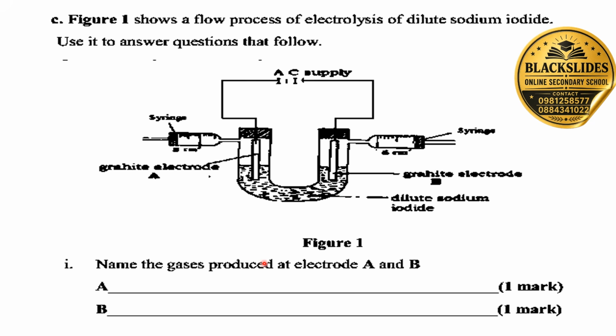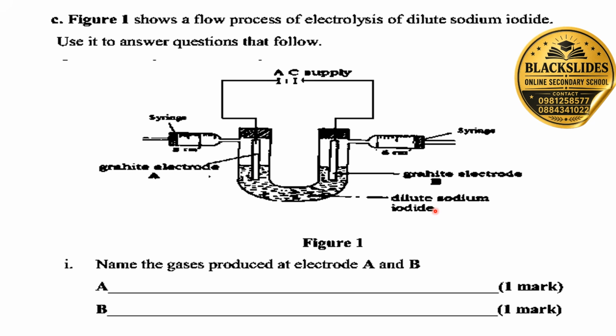Name the gases produced at electrode A and B. So first of all, consider the type of electrode A is. Since this is connected to the positive terminal of the power supply, this must be an anode. Remember, it is at the anode where oxidation happens, where negatively charged ions will give up their electrons to form atoms of that element.